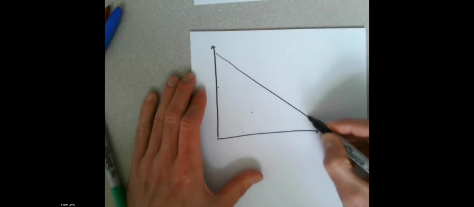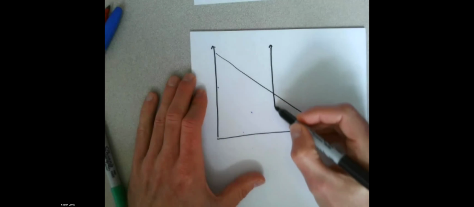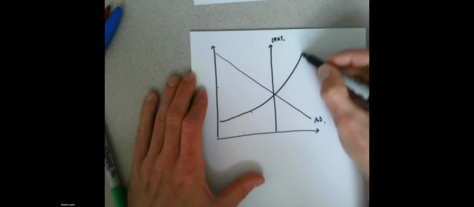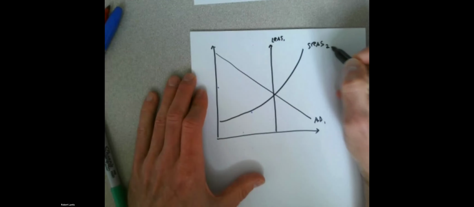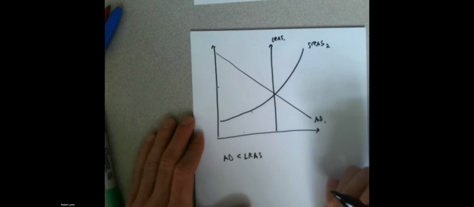Because what if instead we had a scenario, so same problem, right? But let's say that we initially started out with no gap. But what if that aggregate demand shift was less than the long run aggregate supply shift?